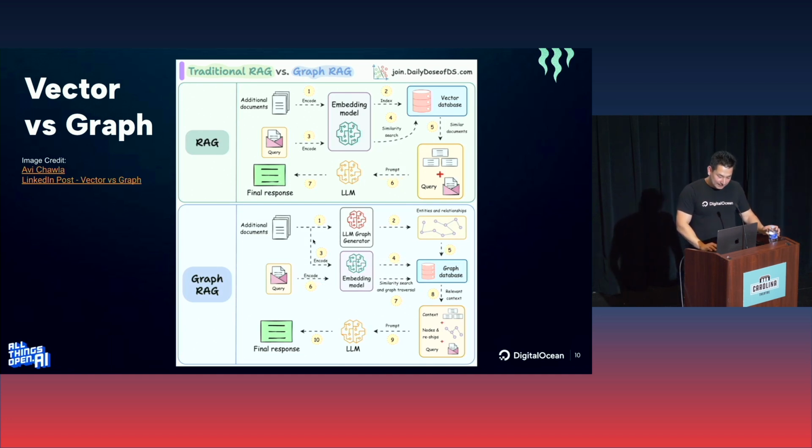Now the bottom here, the way the graph implementation differs is you generate the embeddings, so you basically store the information in a graph database, make the associations between however you want to do it, whatever structure you want to apply, and when you do the query, you actually get the data that's relevant to your query along with your query, and they go in together to the LLM, and that's the difference, right?